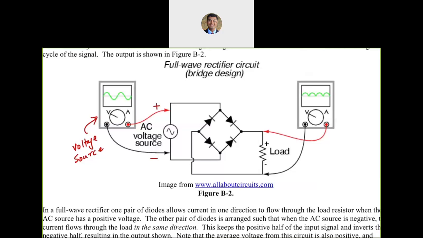of flow of current. So it comes out of the positive terminal there, and at this junction the diode on the right is forward biased because we are talking about the positive voltages at the source. The left one is reverse biased, so it's going to take this path, go through the load resistor, come back up here, go through this diode, and go back to the source.